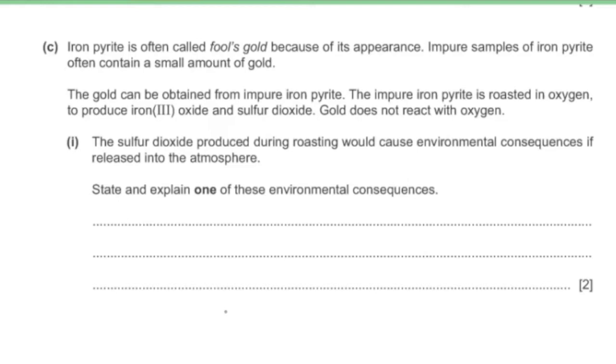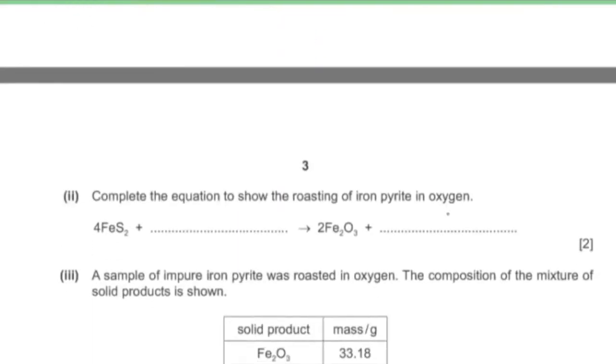So the environmental consequence is it forms acid rain that damages buildings. Sulfur dioxide turns to sulfur trioxide, which when reacted with water forms acid rain.